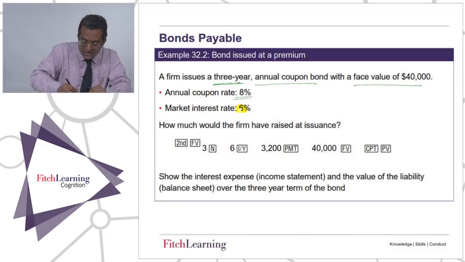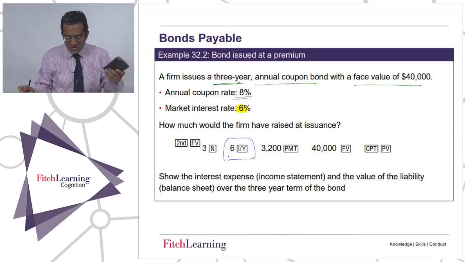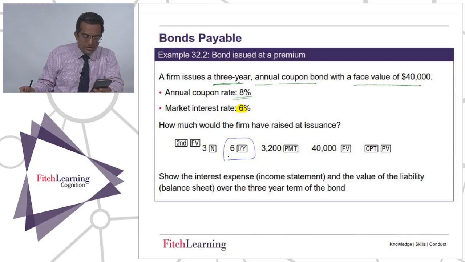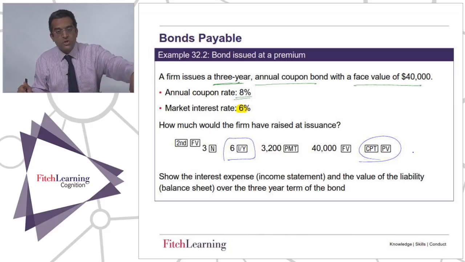Therefore you just need to amend your I/Y. Just change your I/Y to now read 6. And let's recompute the present value of the bond. And we now see the bond should be valued at a premium to par value. Basically a rich coupon.